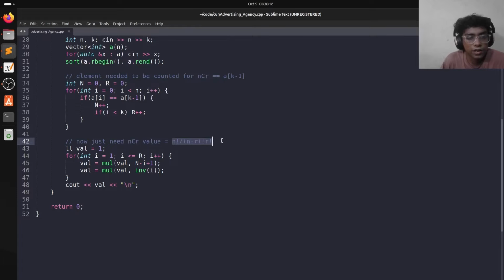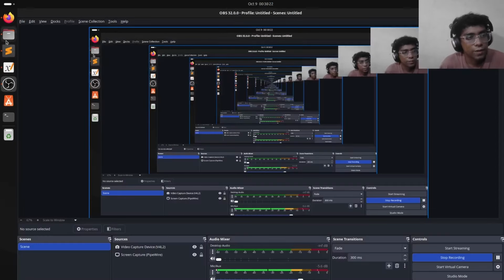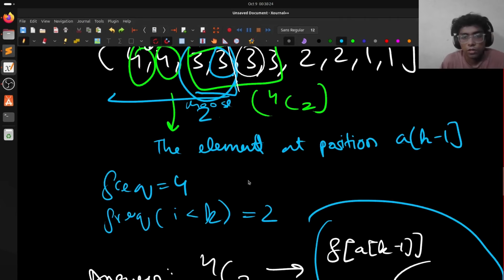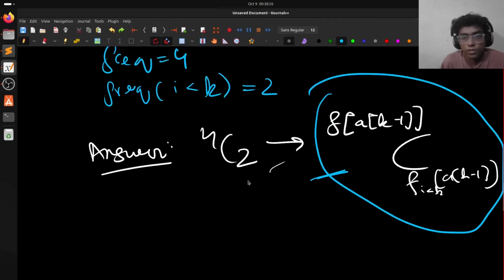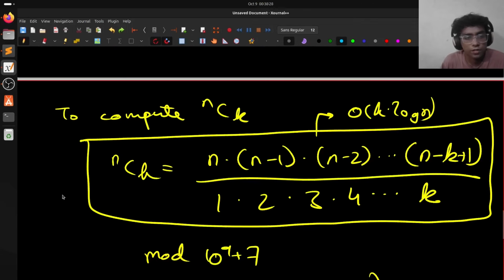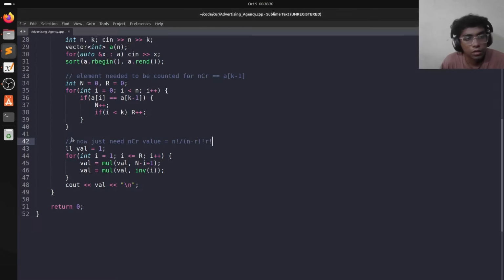So using its direct formula, n factorial divided by n minus R factorial times R factorial. Or if you write it in the expanded form, it's going to be this, right? This is the formula for n choose k. So that's all. We set our initial value as 1. We can multiply it with n minus I plus 1 and divide it by I, right?